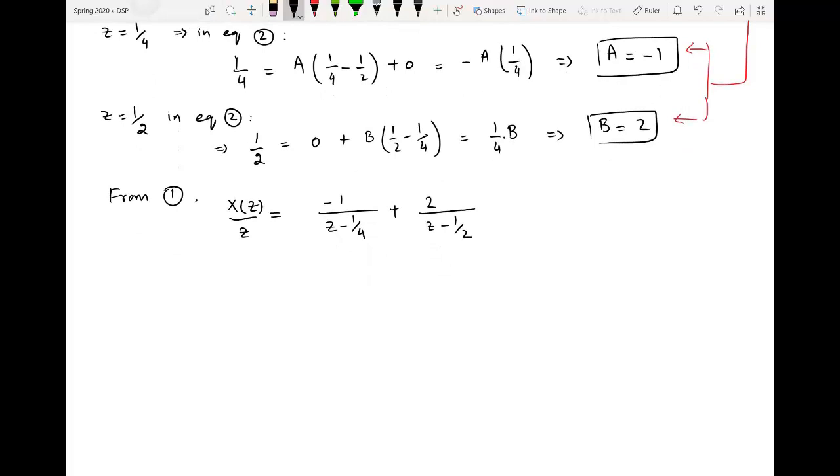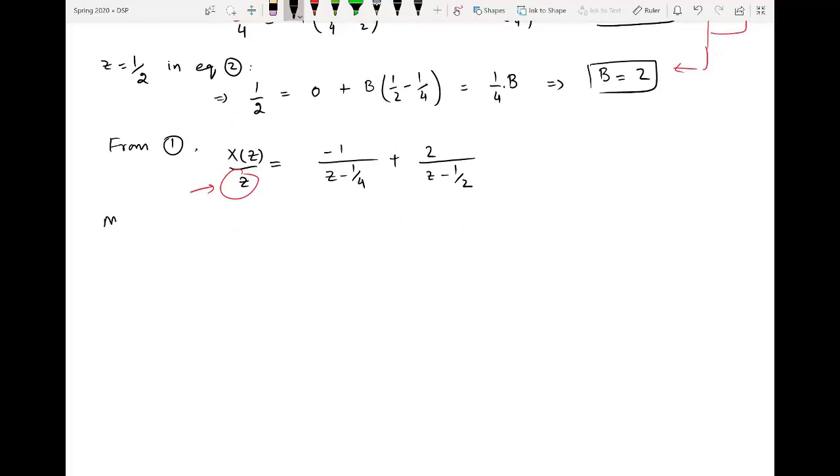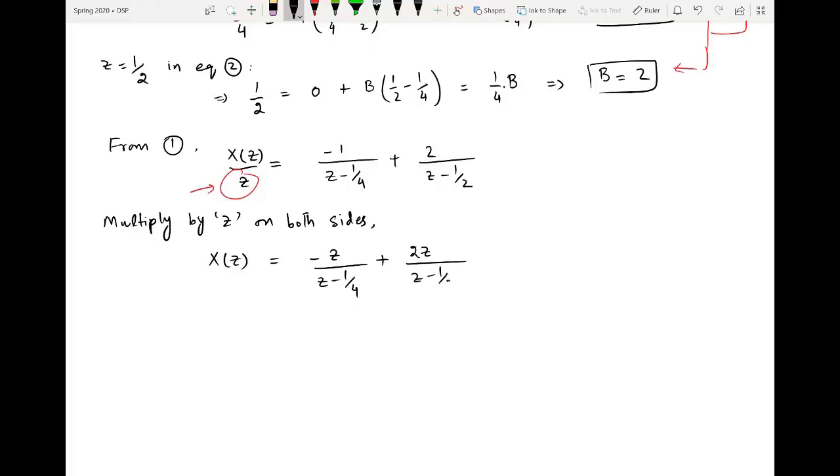Right, so now this was the additional z which we multiplied in the previous step. So now to balance out, we again multiply by z on both sides, to get X of z equals minus z divided by z minus 1/4, plus 2 times z divided by z minus 1/2.